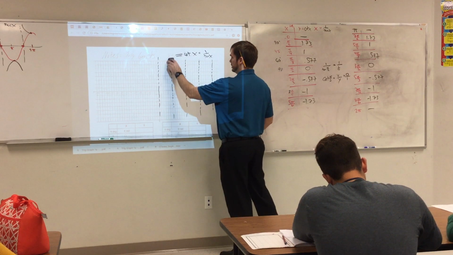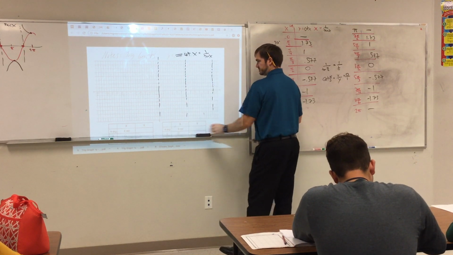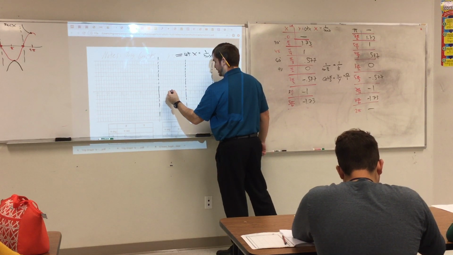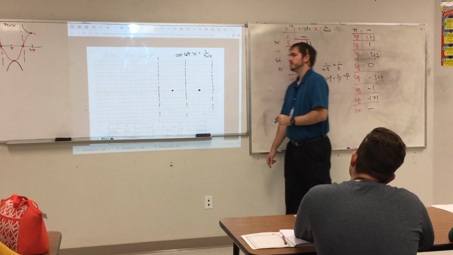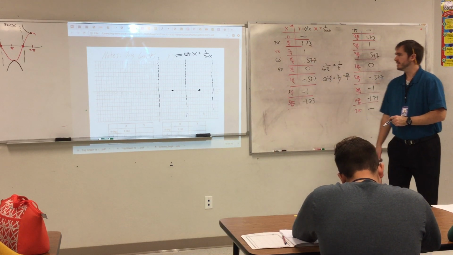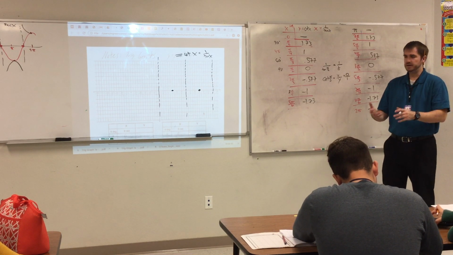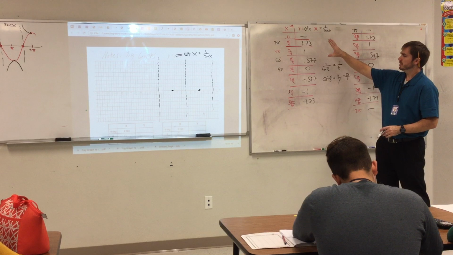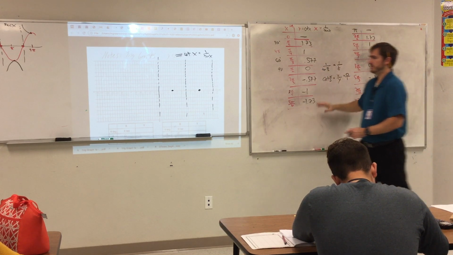So, if you don't have a pen, pi over 2 we're at 0, 3 pi over 2 we're at 0. And here's the big picture, since we're running out of time. We're positive to the left of each asymptote, and negative to the right of it.